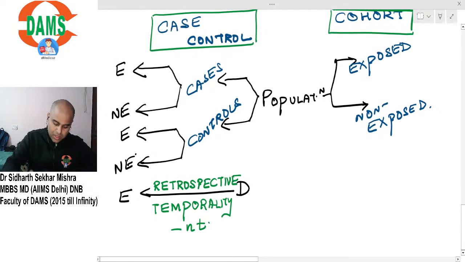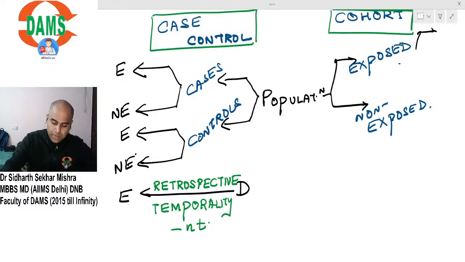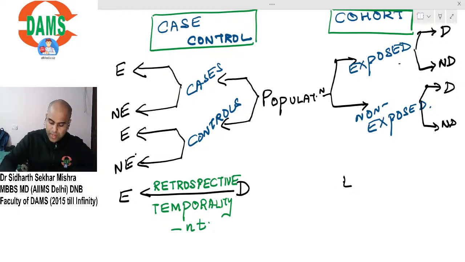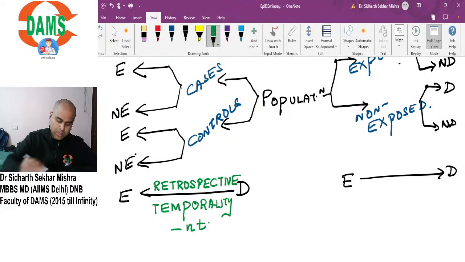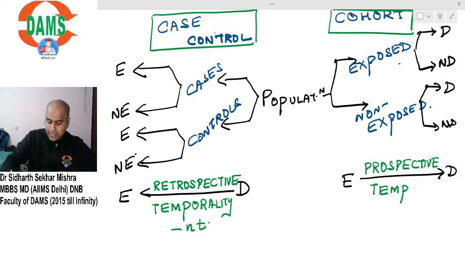Whereas for a cohort, we have exposure, we follow up, and the patient will develop disease or non-disease. Yes. So we go from exposure to disease. This is prospective in nature and we have temporality present.